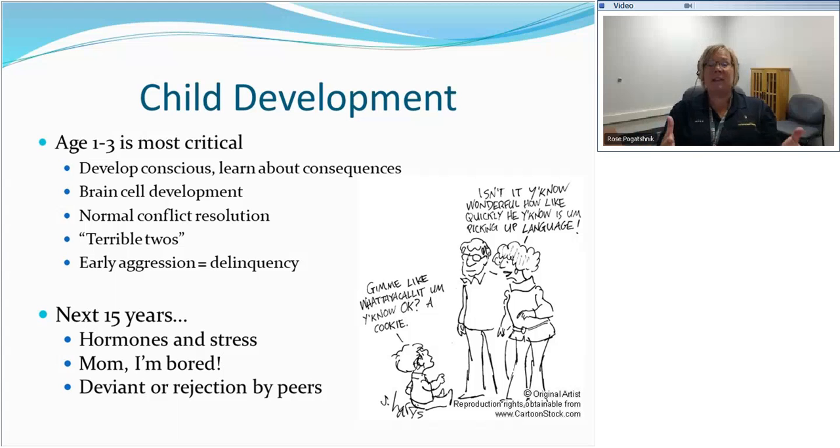It is during this time frame that children have the most brain cell development, more so than any other stage of their life. This is also when kids are learning basic conflict resolution, what we might call normal conflict resolution, on how to manage some differences.